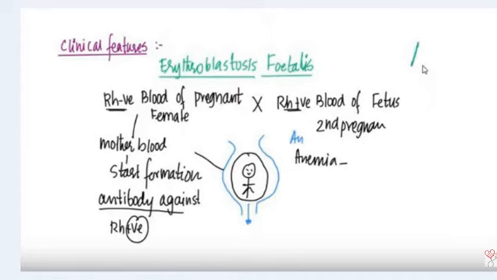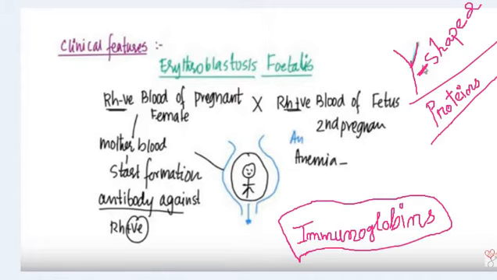What is antibody? Antibodies are Y-shaped proteins which are produced in response to an antigen. Antibodies are also called immunoglobulins.